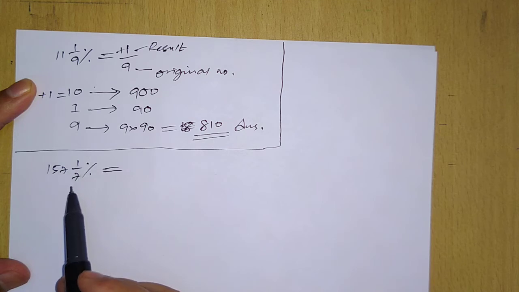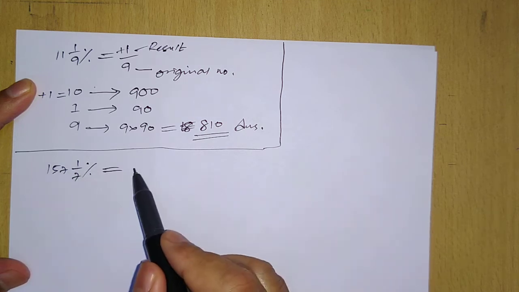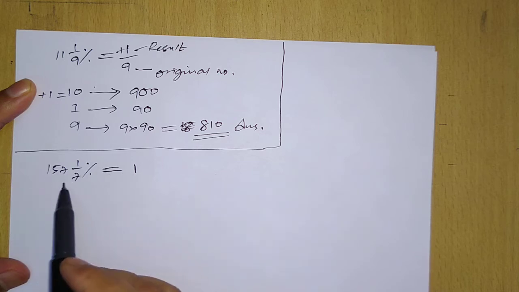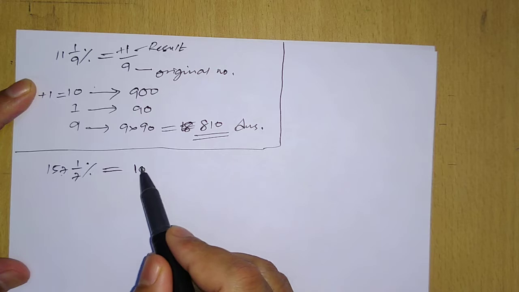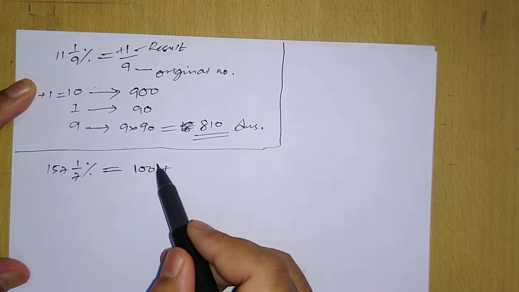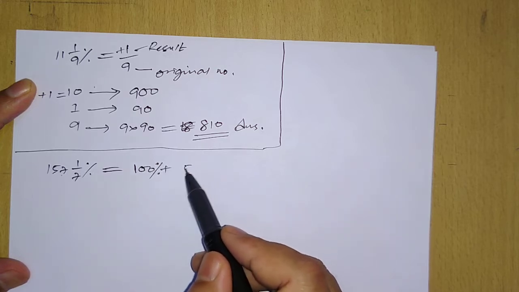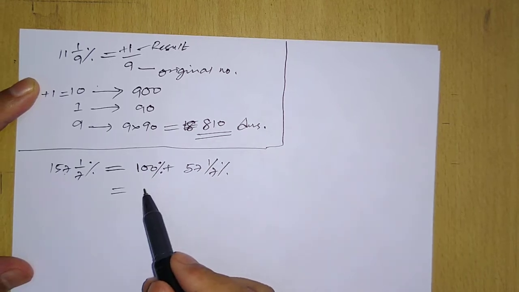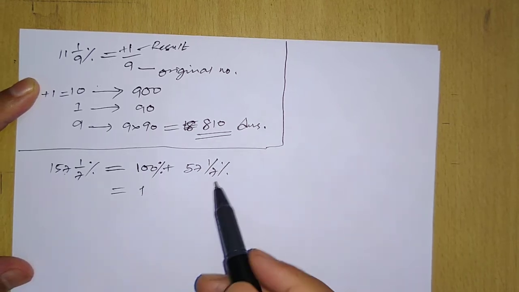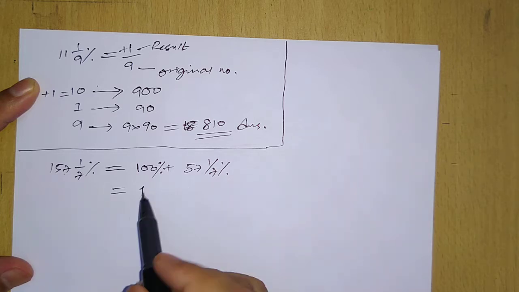So 157 1/7% we can directly write as 100% plus 57 1/7%. Let me write it down. 100% plus 57 1/7%. Now 100% we know from the concept which we have studied earlier.